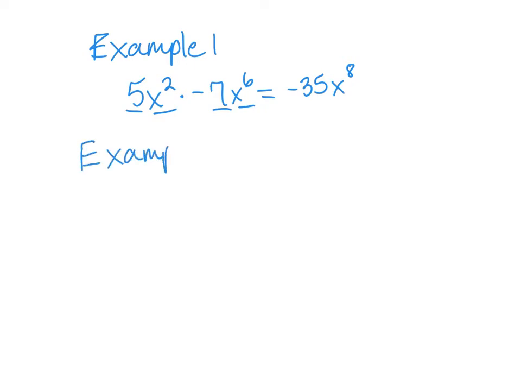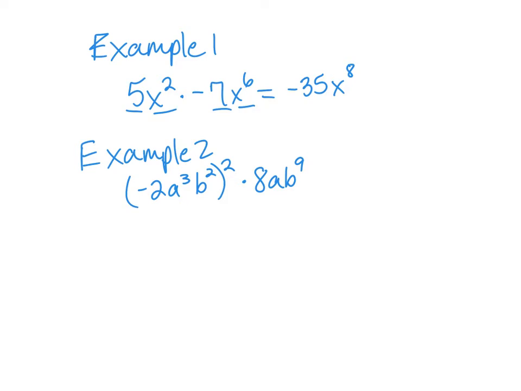Example 2. This one involves some powers and some product rule. So this one says negative 2a to the 3rd b squared, all squared, times 8ab to the 9th. So this is one of those cases where you have to do exponents first, just like with the order of operations.